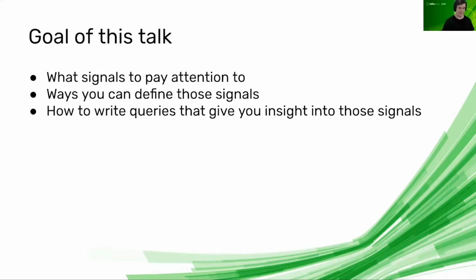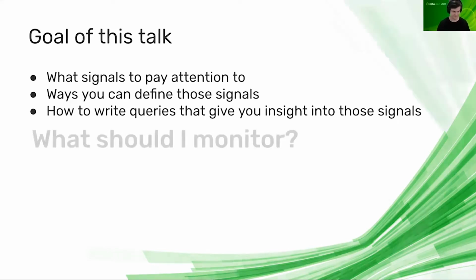So the goal of this talk is to maybe give you a few signals that you can pay attention to, and give you a heuristic or a couple heuristics that you can use to define those signals. And then we're going to go through and write some queries in Flux that help you get insight or achieve some business goal with those signals.